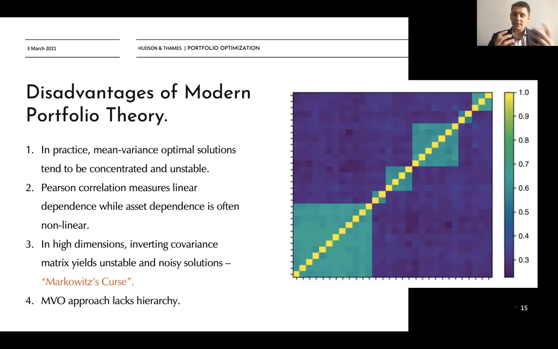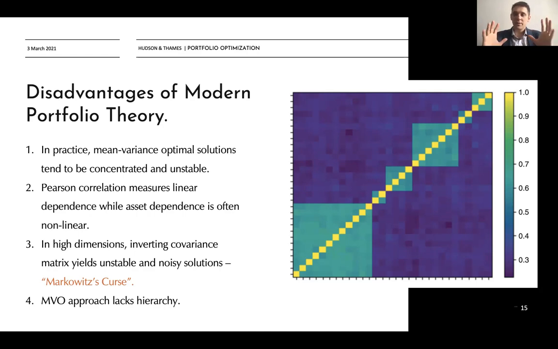If you take a look at the analytical solutions in mean variance type of problems, meaning that the analytical solution is a formula which yields the immediate result for the optimization, in that formula the inverted covariance matrix is present. And why is it so important? Because if your covariance matrix is noisy and the information there is not that big, by inverting it, it generates quite unstable and concentrated solutions.